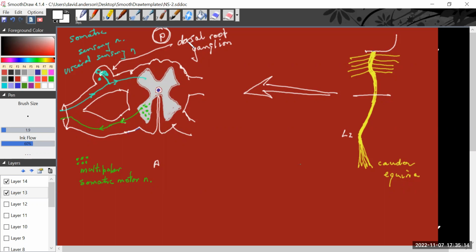And inside that dorsal root ganglion are sensory neurons.